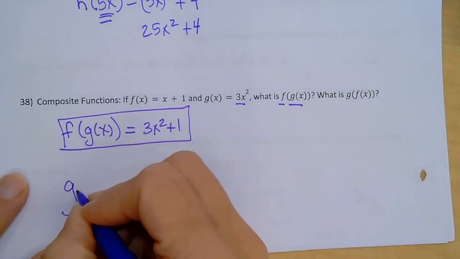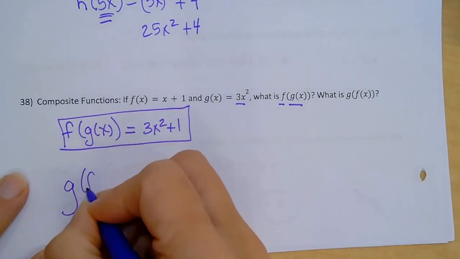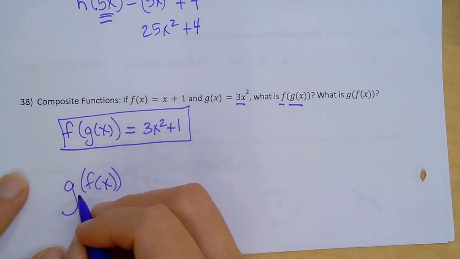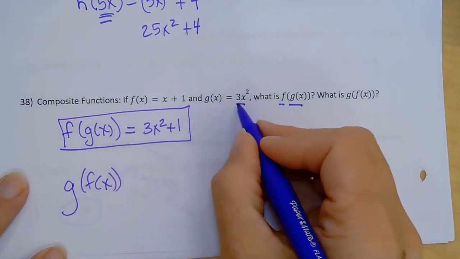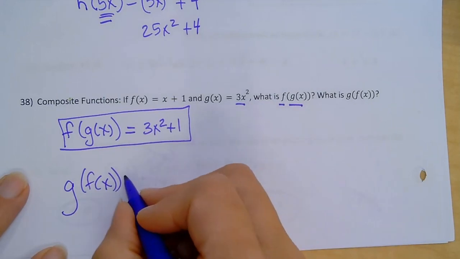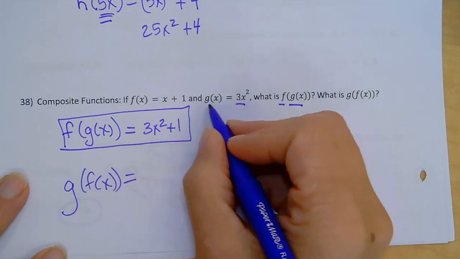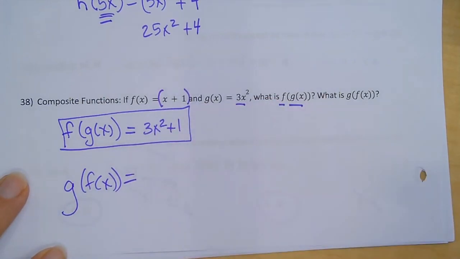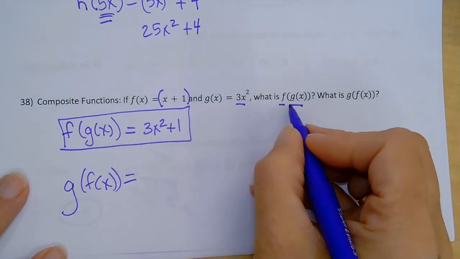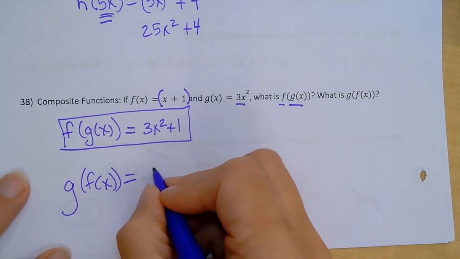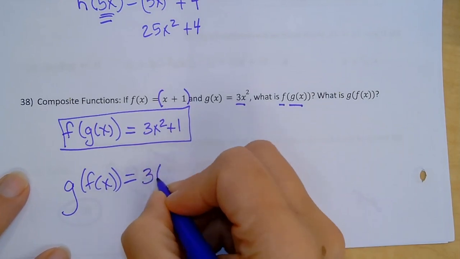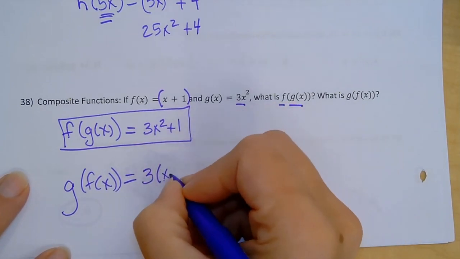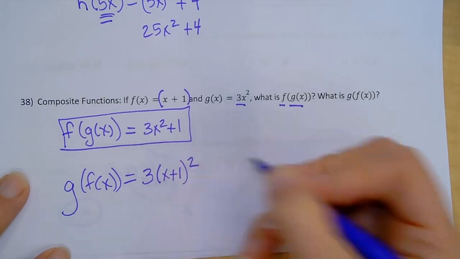What is the g of the f of x? Well, this time, I'm starting with the g of x equals 3x squared, right? But instead of plugging in x, I'm going to plug in x plus 1. That is my input. So 3x squared, I'm actually going to say is 3, instead of x, my input is x plus 1, so I'm using parentheses, (x plus 1) squared.